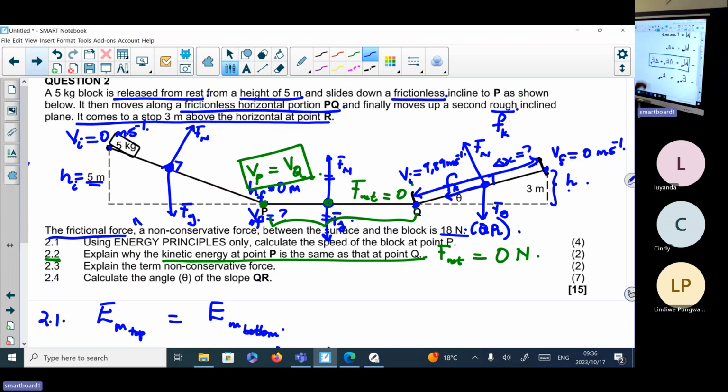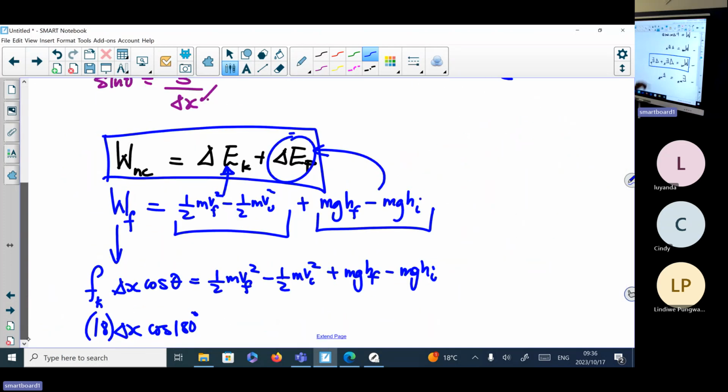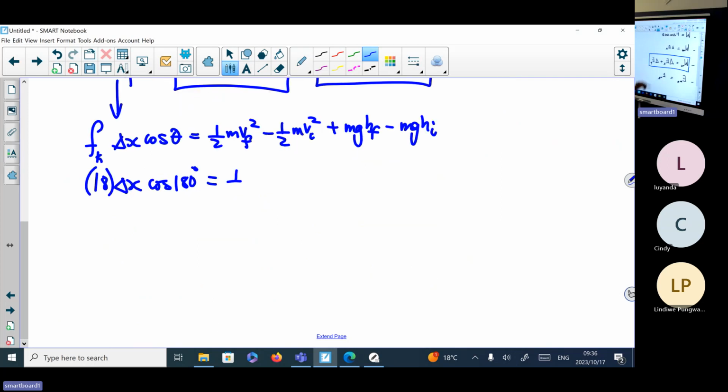So notice that now, when you substitute here, the mass of our object is 5. At the point 3 meters above the ground, the object comes to a stop. But at the bottom of the ramp, before climbing up the rough incline, it was moving at a velocity of 9.89, which must be squared.